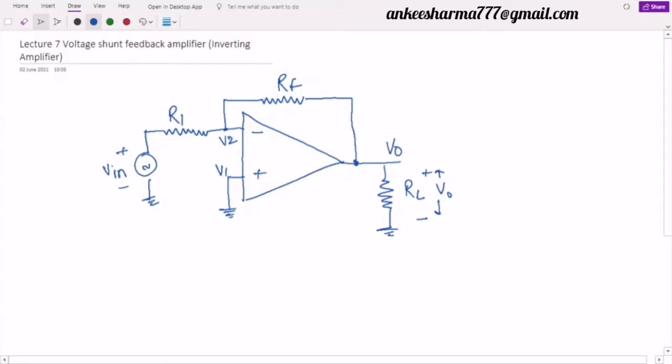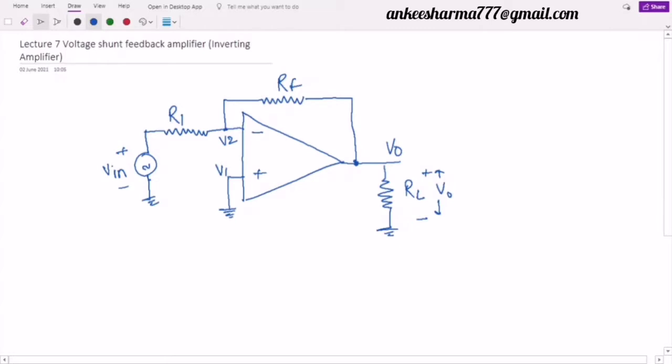So this voltage plus the voltage which is being sent back from the output into the input must be in parallel. How will they be in parallel? Look here, if I look at this output voltage V0, this voltage must be divided across these two resistances R1 and RF. And look here, this is one point, another point is ground. If I connect this point also with respect to the ground, can I say these two are in parallel?